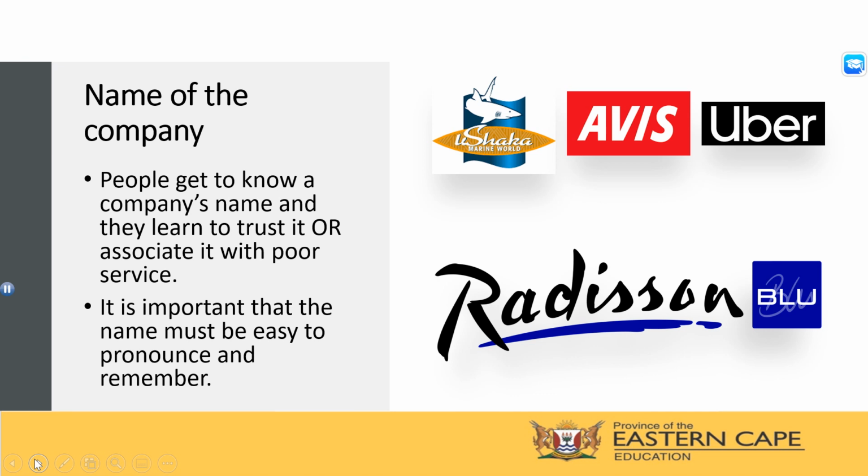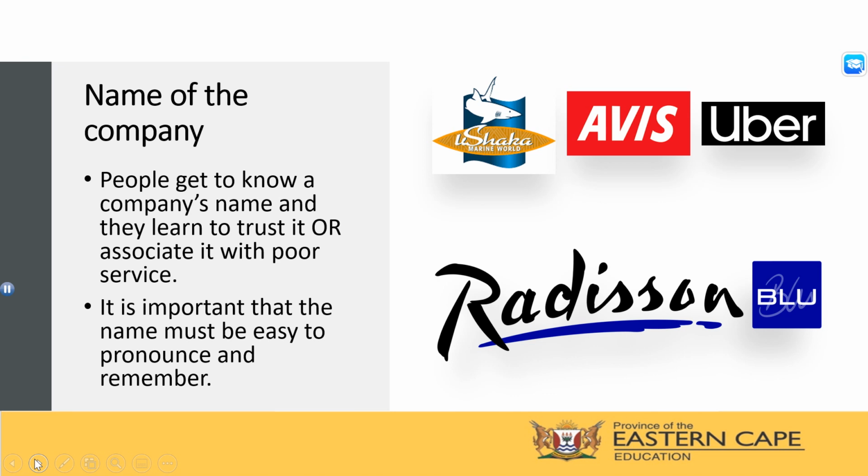It's also important that the selection of a name for a company must be easy to pronounce and easy to remember. You don't want people getting tongue-tied when trying to pronounce the name of your tourism-related company. If you look at the right-hand side of your screen, you will see very well-known names in the tourism industry in South Africa.